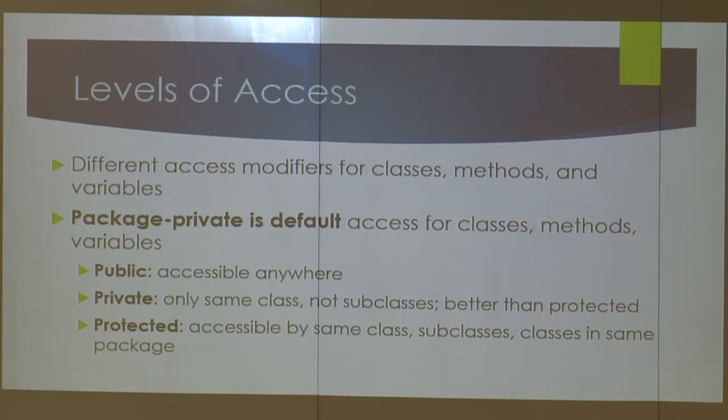In general, the best practice is to make things as private as possible to do that information hiding and to prevent other users from having too much control over your program. So that's why we always make our instance variables private, but we need to make our methods and our classes public because those are the elements that we typically want to access in other classes or in other packages.